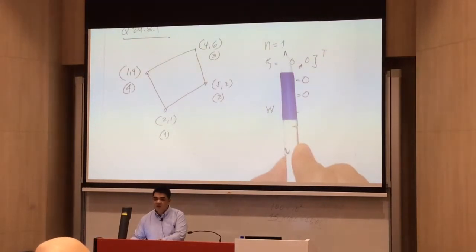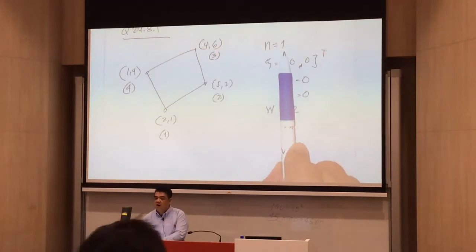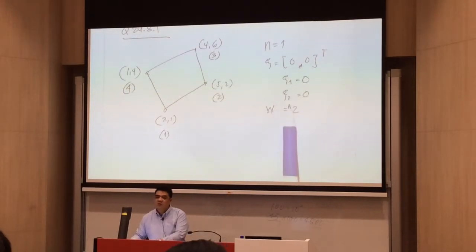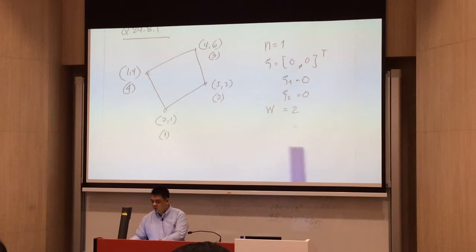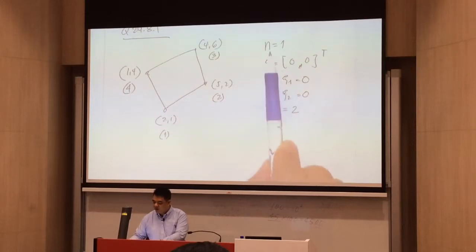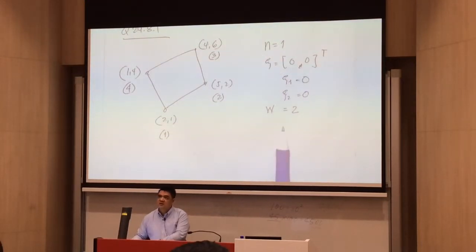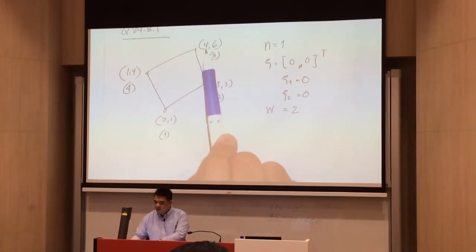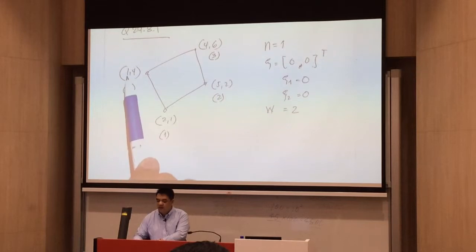If I have my Gaussian quadrature n equal to 1, then my C1 and C2 will be both 0, and my W weight function will be equal to 2. So no change here. This is standard for n equal to 1. And we're using this assumption. So my x1 at 1 is 2, x1 at 2 is 5, x1 at 3 is 4, and x1 at 4 is 1.